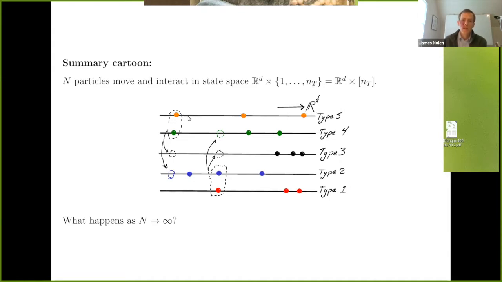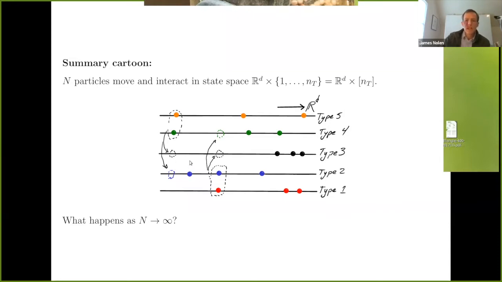Each layer corresponds to particles of a certain type. And so these particles can move, they move horizontally in the layers. That's the diffusion on the spatial domain. And then let's say when a gold particle here, type 5, gets close enough to a type 4, then they may react and produce new types, which would be hopping down to some other layers, say 3 and 2.